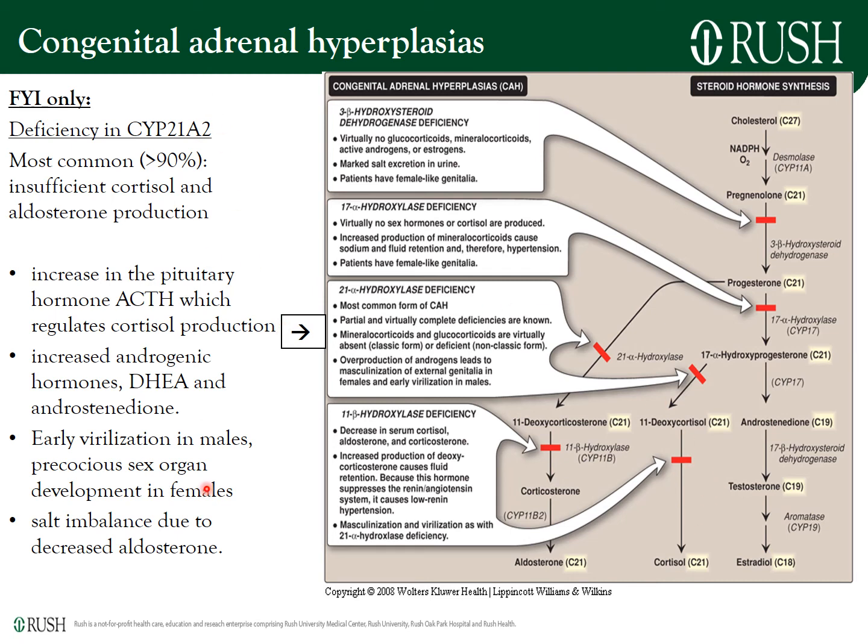I put here on the side the 21-alpha hydroxylase deficiency, or CYP21 deficiency, because that is the most common. Actually, about 90% of the known congenital adrenal hyperplasia patients are missing this particular enzyme.